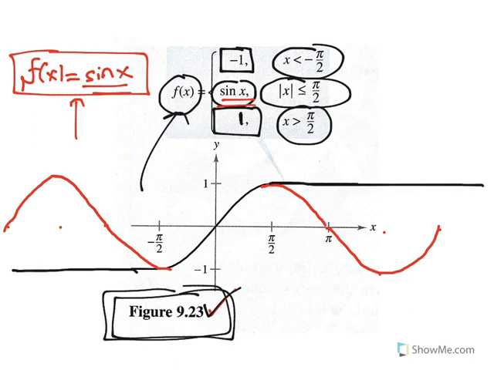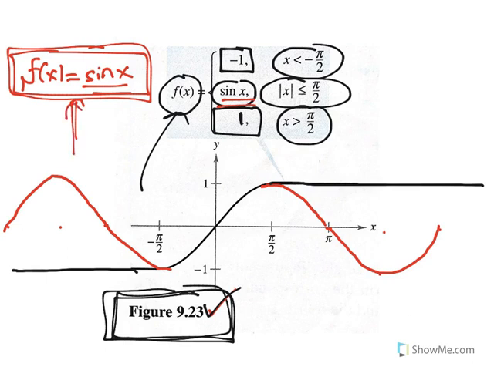Because how do you form the coefficients of the Taylor series? You evaluate your function at the center and you evaluate its derivatives at the center. And the center was 0, and of course the function from figure 9.23 and our function from yesterday at 0 is the same rule.